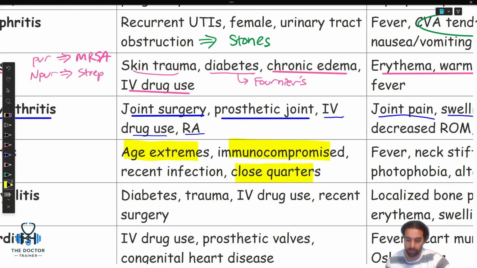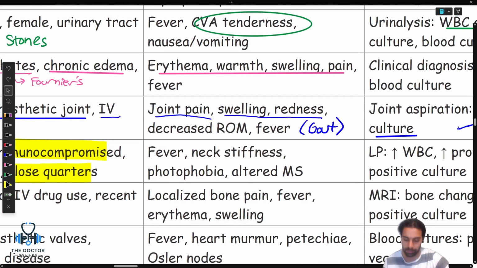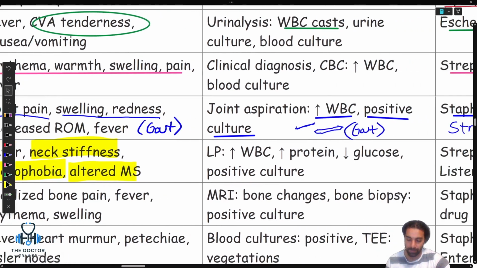Close quarters, I think of Neisseria, especially in college students or in the army or something like that. Fever is a non-specific, sensitive finding. If they have nuchal rigidity, neck stiffness, if they are altered in any way, photophobia, these are much more specific findings for meningitis or even encephalitis.